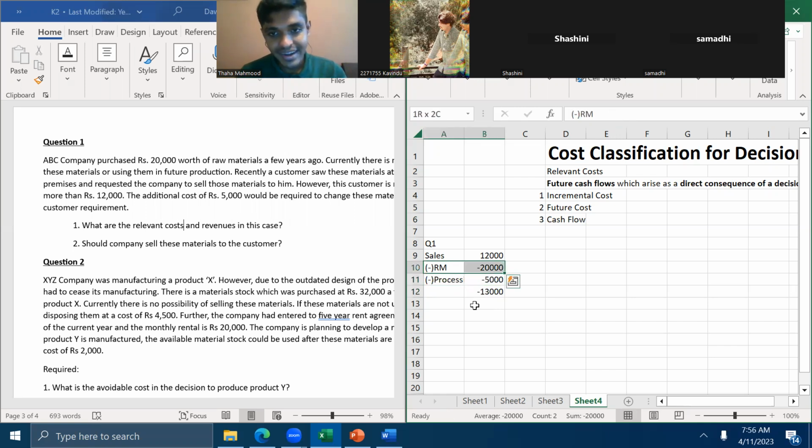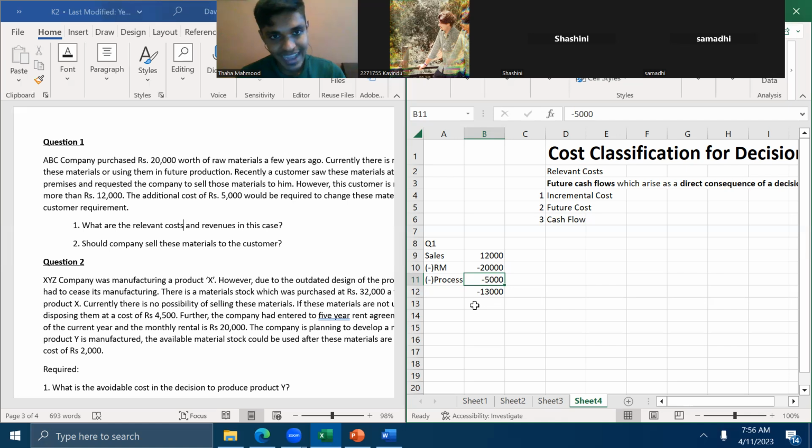This raw material cost, let's look at this one by one. May revenue කියන එක, is it an incremental future cash flow? It's an incremental. අපිට වැඩියෙන් ලැබෙන්න යන එකක්. අනාගතේ ලැබෙන එකක්. It's a cash flow. May processing cost එක, is it an incremental future cash flow? Yes. දැනට මේ processing cost එක 5000කින් වැඩි වෙන්න යනවා. අනාගතයේදී අපි incur කරන්න යනවා.